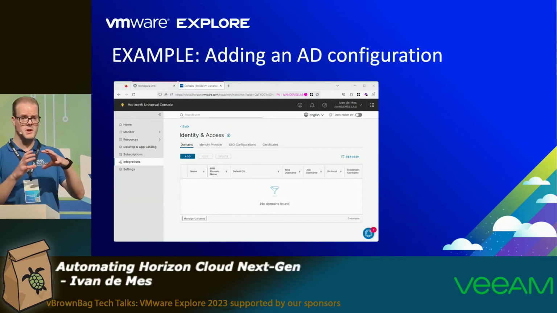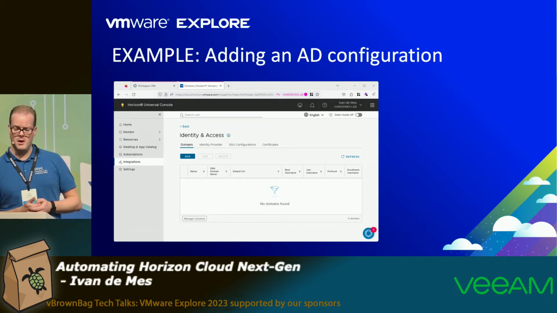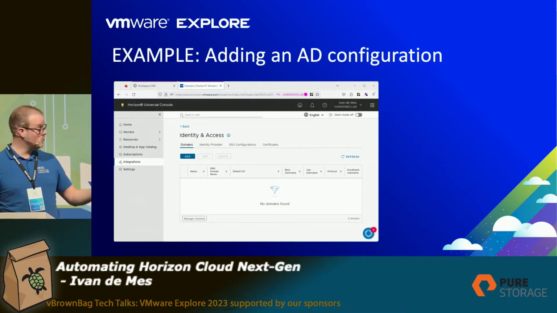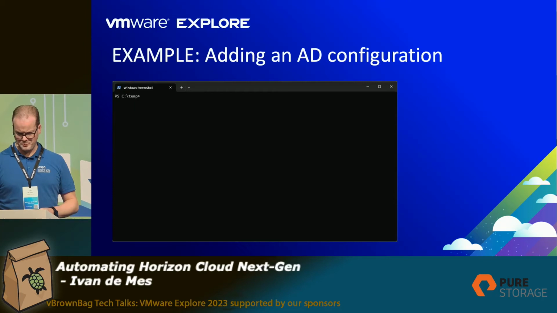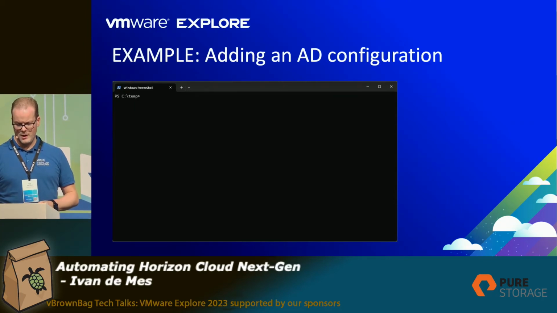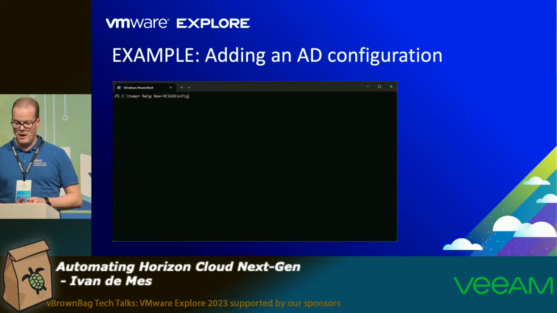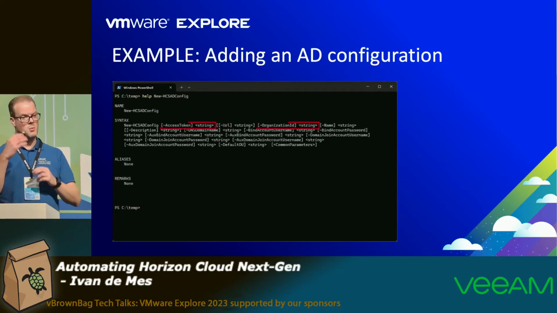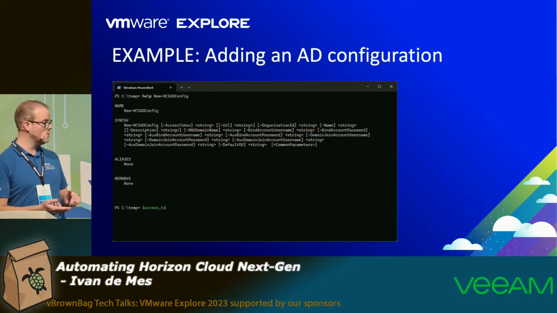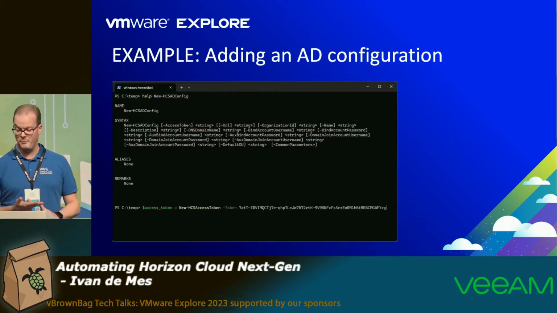Again, I'm using the creating Active Directory configuration example. Again, we don't have an Active Directory configuration in place yet. When you look at the command that we need for configuring Active Directory, we need our access token and organization ID again.